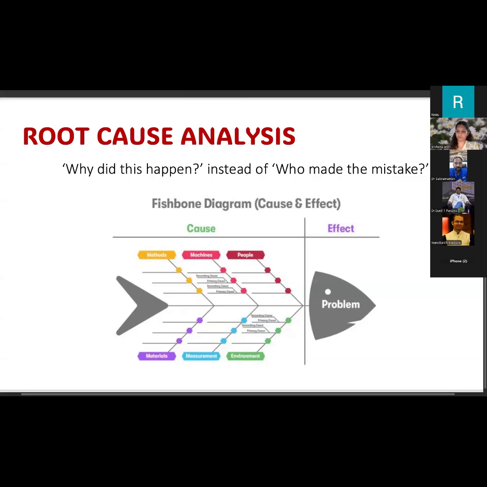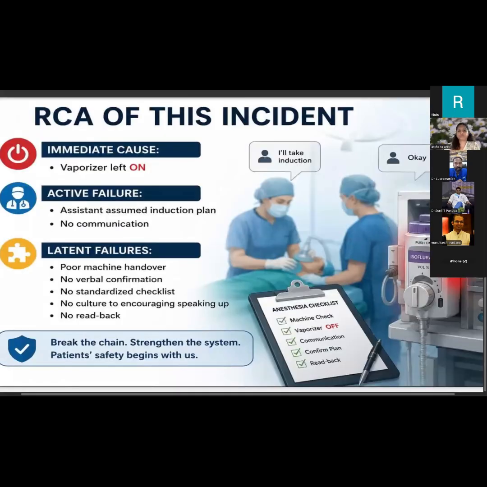So next, going on to the RCA of this incident. Ma'am, next slide, please. In this incident, the immediate cause was very simple: the vaporizer remained on after the machine check. However, stopping there would be very superficial. The active failure was that the assistant noticed the abnormal setting but did not communicate it.